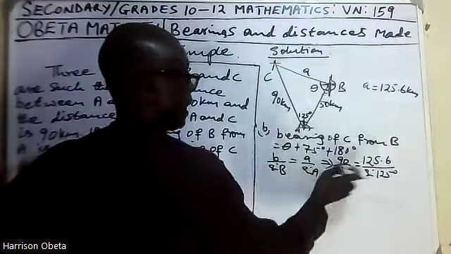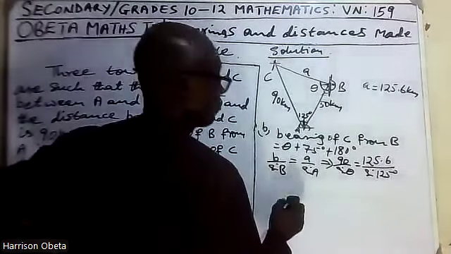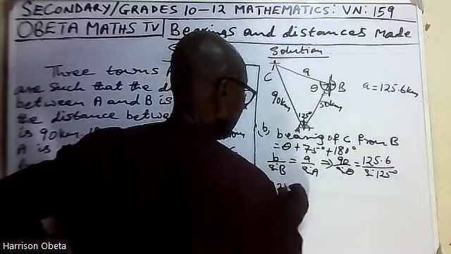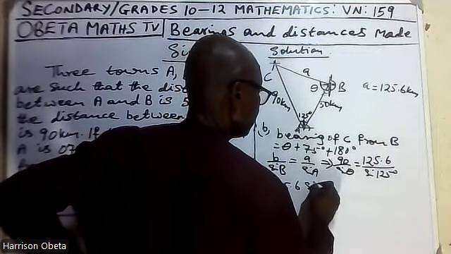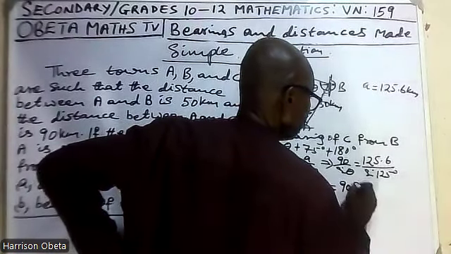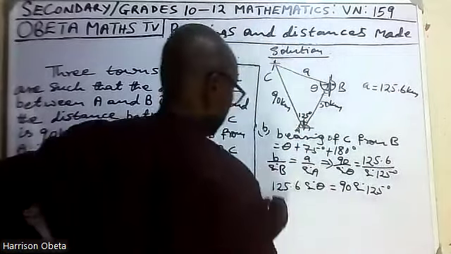Then when you cross multiply, we are going to have 125.6 sine theta is equal to 90 sine 125 degrees.